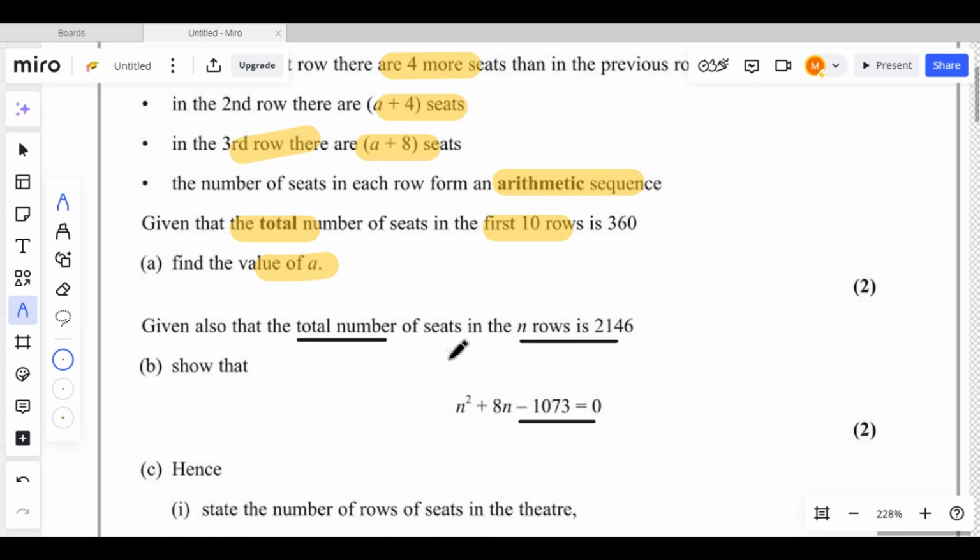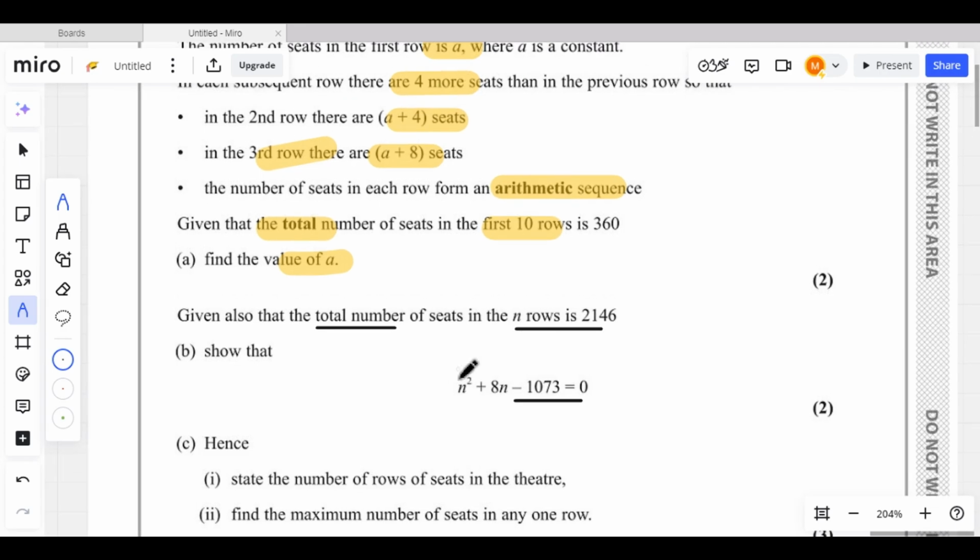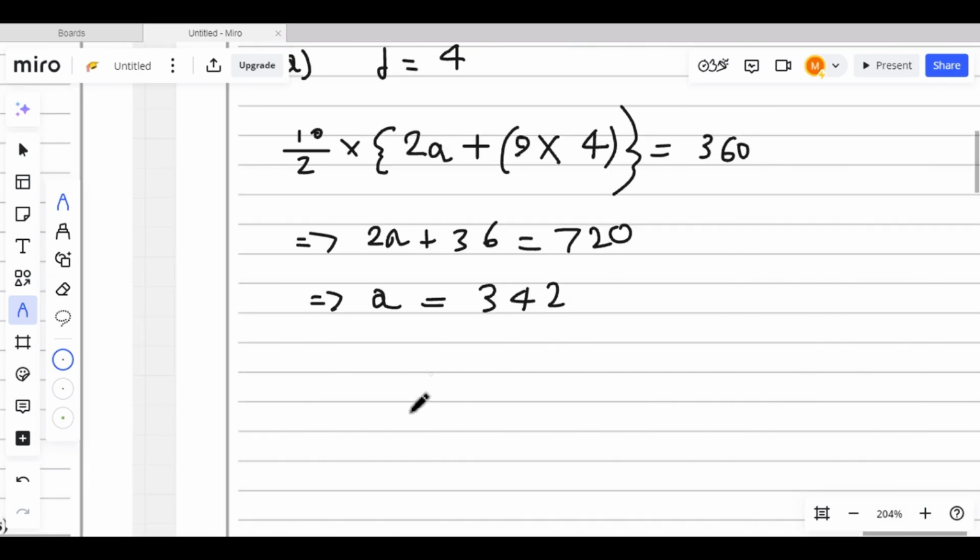Okay, let's consider the sum. You thought it was the nth term. If it was the nth row, they would say the nth row, but this is n rows, that's why.